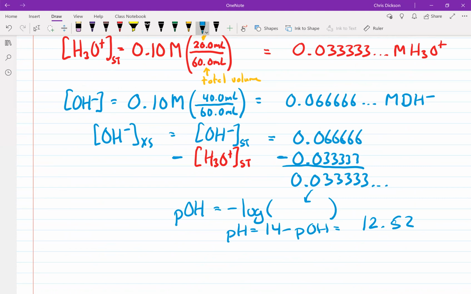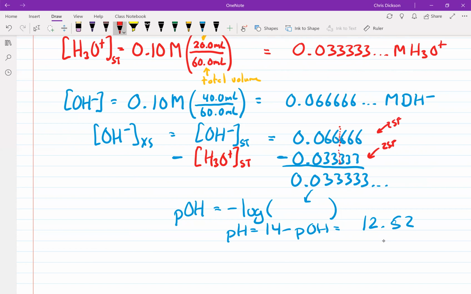Okay, so sig figs here, I guess, is the big question. So sig figs, this number here, it should have 2 sig figs, which means it's accurate to the third decimal place. This number should also have 2 sig figs, which means it's also accurate to third decimal place.